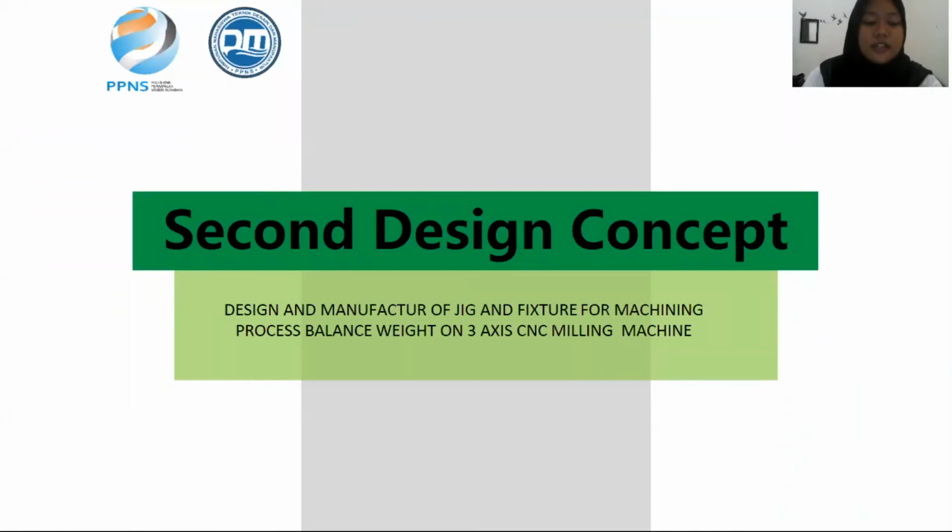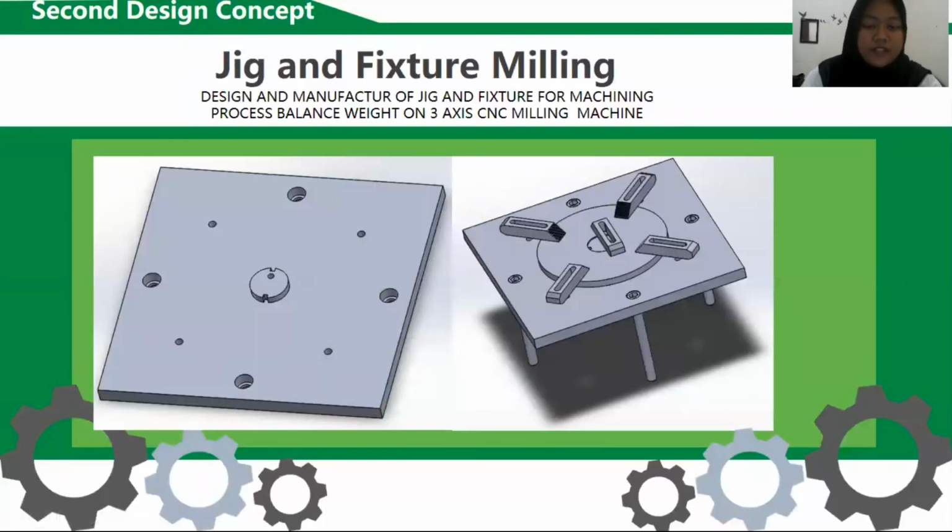Second design concept has advantages and disadvantages. For jig and fixture milling: strong jig, easy to manufacture, but complicated design, material expensive price, less efficient jig operation, long time estimation to make the jig.